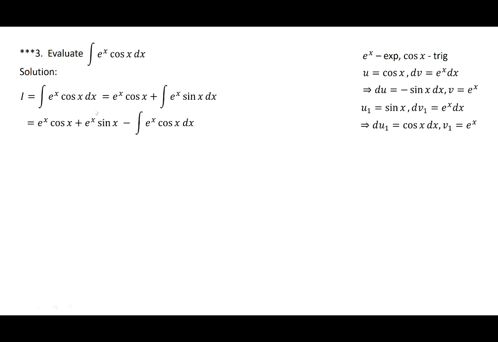This particular integral. And we ended up getting another I here. So, could we now just replace this integral with I? What would happen if we do that? We'll get e to the x cosine x plus e to the x sine x minus I. What are we trying to solve for? I. Can we do it?